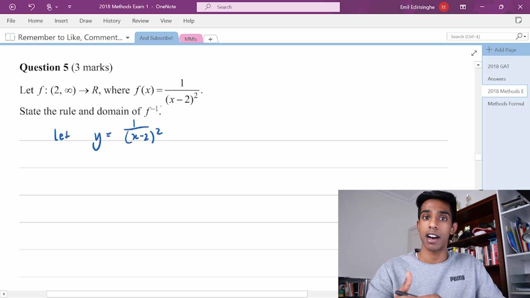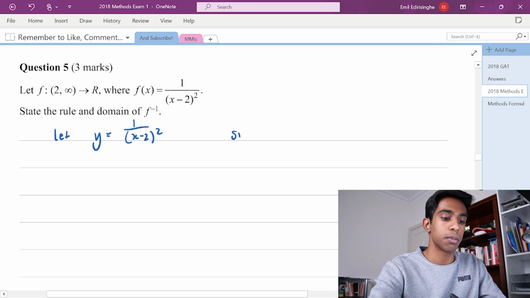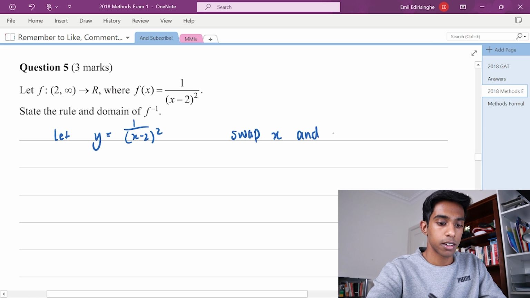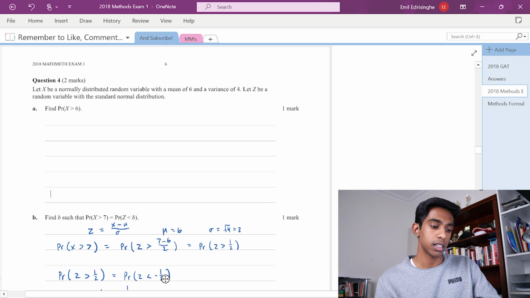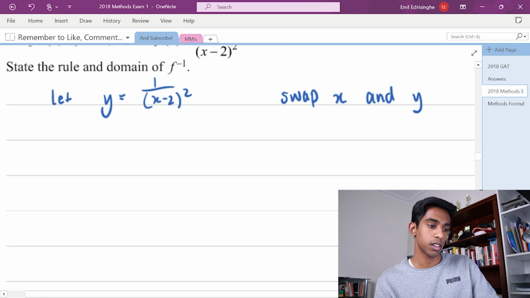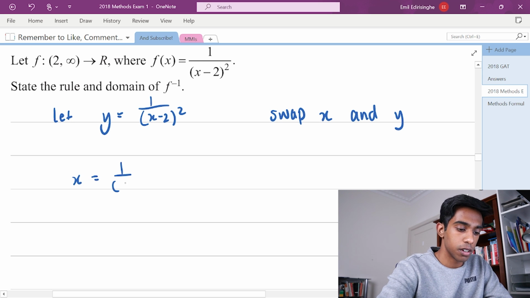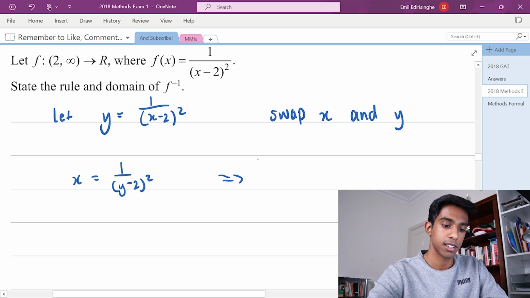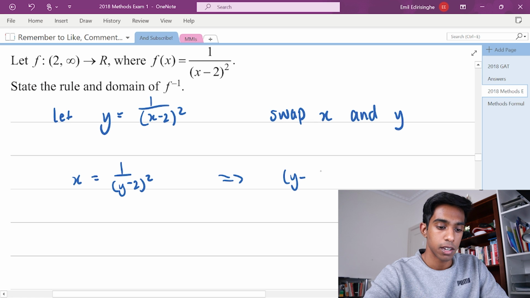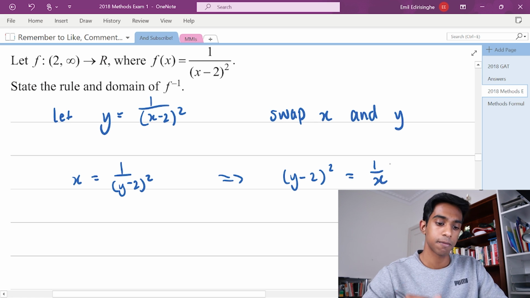But now that I've defined y as being f of x, now I can say swap x and y. And then this will allow me to do x equal to 1 on y minus 2 squared. Then just rearranging this, I'll get y minus 2 squared equals 1 on x.